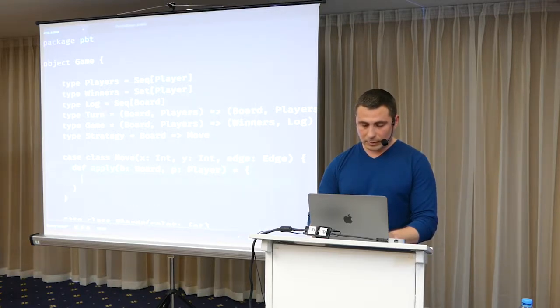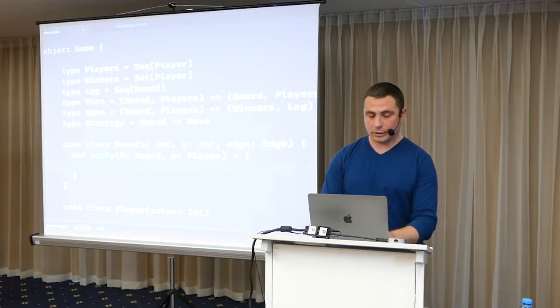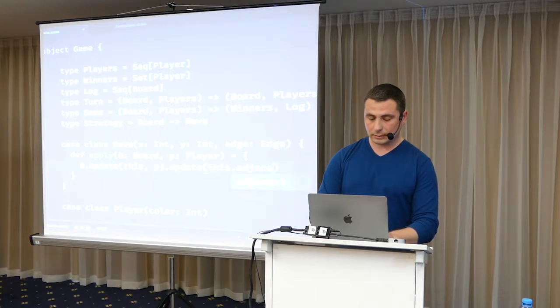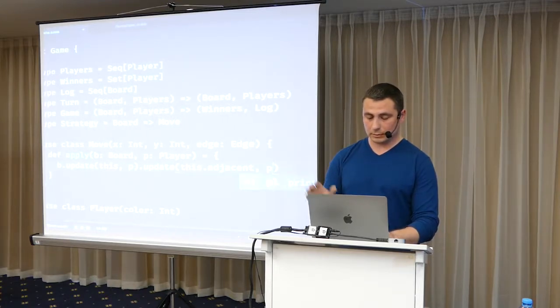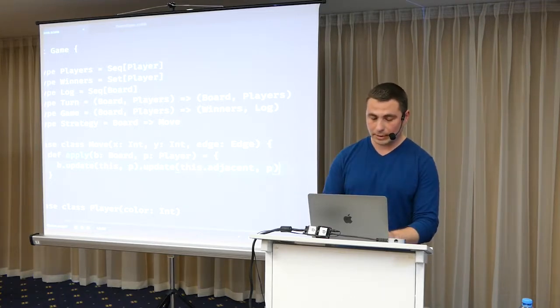And what does it mean? Actually, I would just teach the board how to update itself by the move. The move is just updating the board. Update the board by itself and by the adjacent move, just to have both of the cells on both sides of the edge updated.